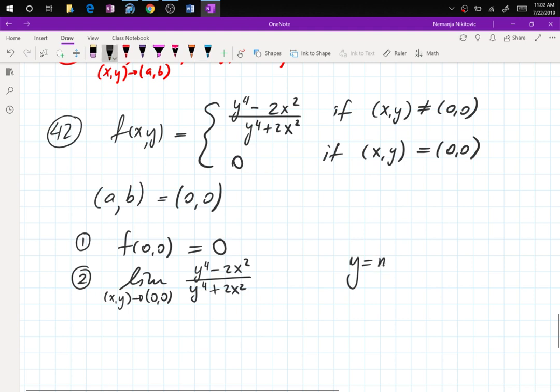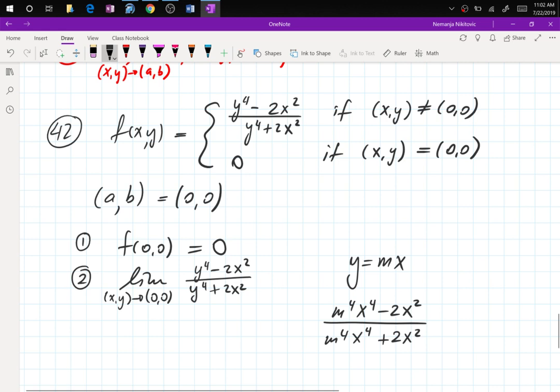So y equals mx, because if this has no limit, then we're done. Y equals mx, so that's m to the fourth x to the fourth minus 2x squared, divided by m to the fourth x to the fourth plus 2x squared.